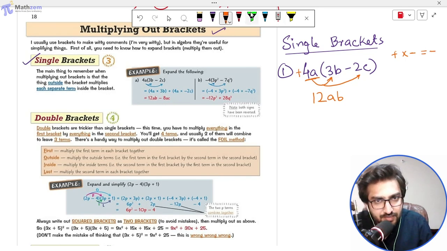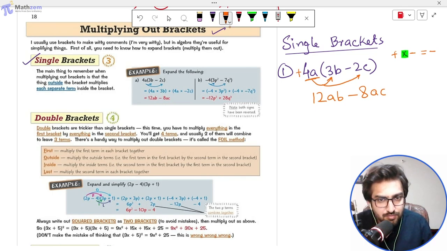Both are different as we discussed. When both the signs are different, the answer will be minus. So this is plus, that one is minus, so the answer is minus, so keep minus there. 4 times 2 is 8, and write a and c there as it is, so ac. So this is how you multiply single brackets.